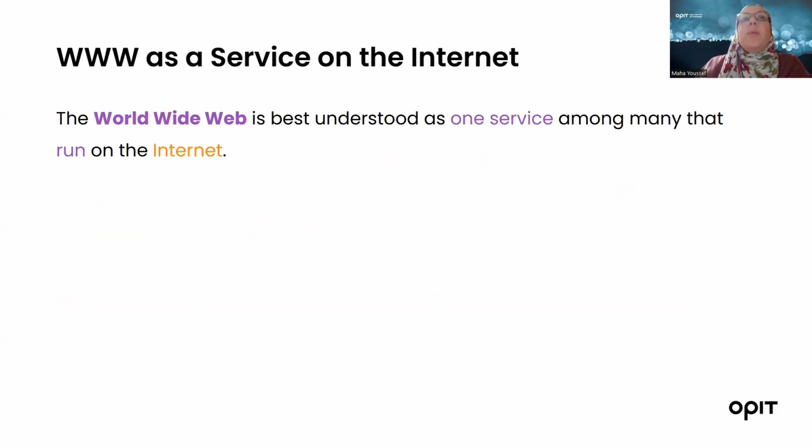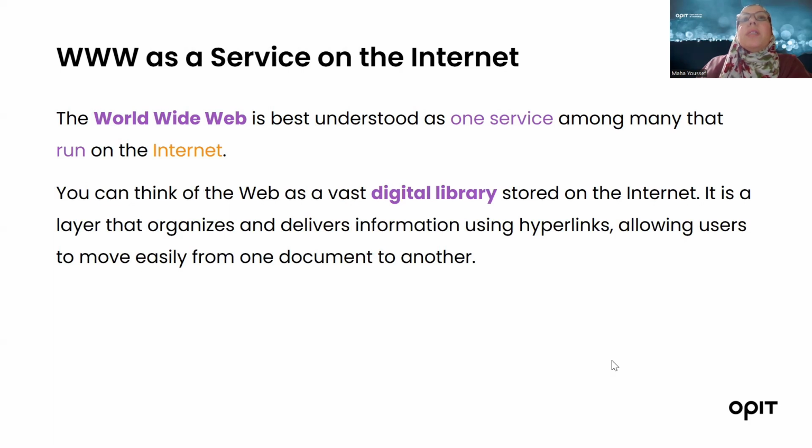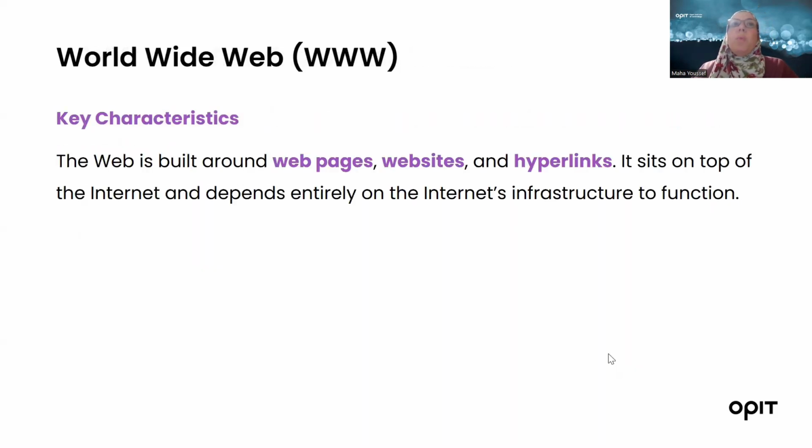The World Wide Web, or WWW, is best understood as one of the services, among other services, that run on the internet. You can think of it as a digital library stored on the internet. If the internet is a city, there is one library there, which is the WWW. The web is built around web pages, websites, and hyperlinks.